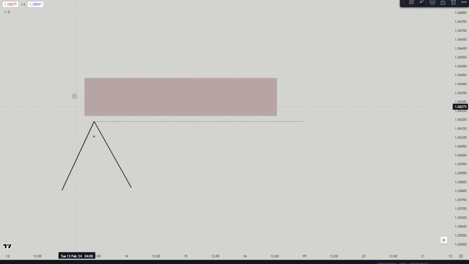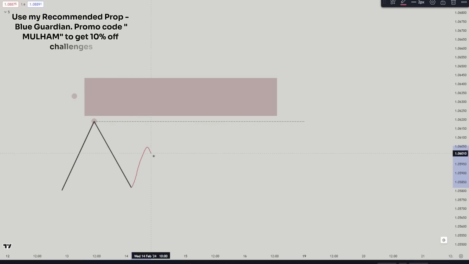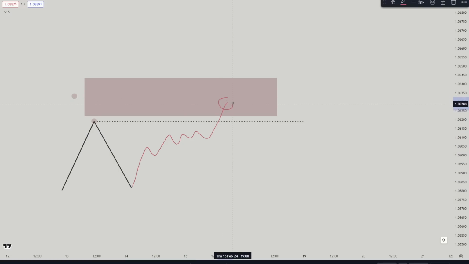The first thing is a fair value gap or any point of interest, any PD array, and then we need to have a high. When those two things are next to each other and very close to each other, we can now expect this high not to be a liquidity run, but instead a liquidity sweep. So what I'm expecting is this high to be taken into the fair value gap to go lower immediately in this direction.